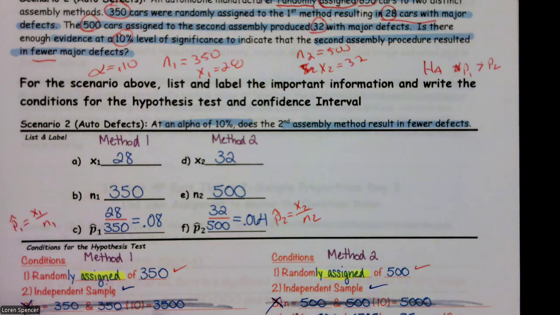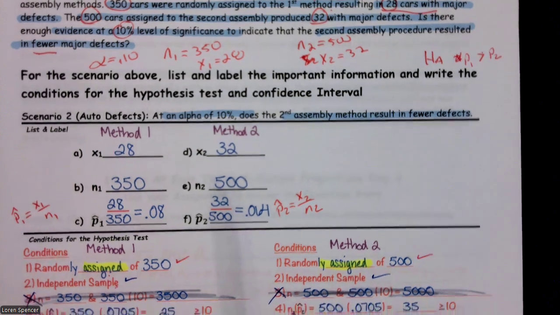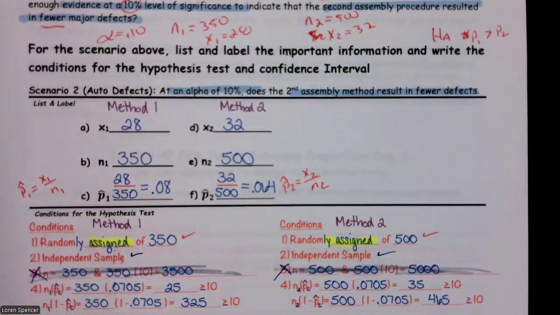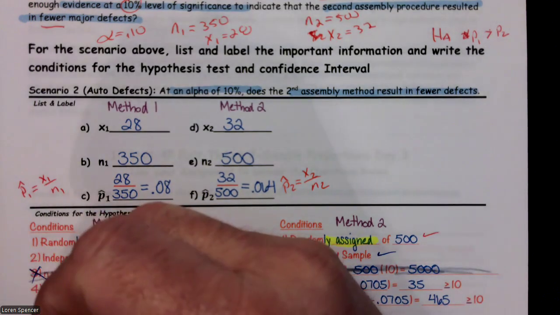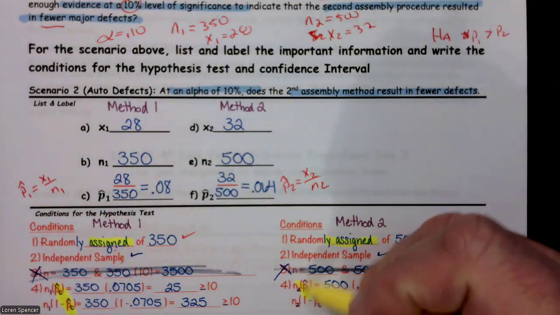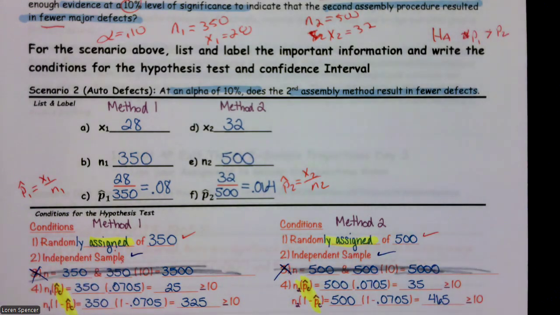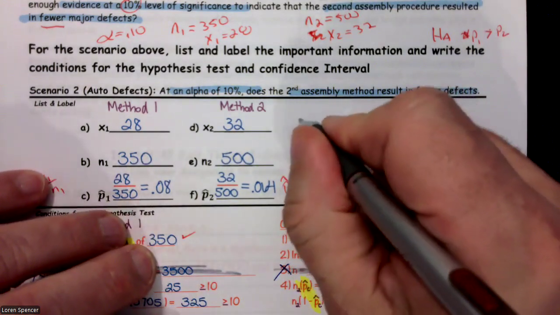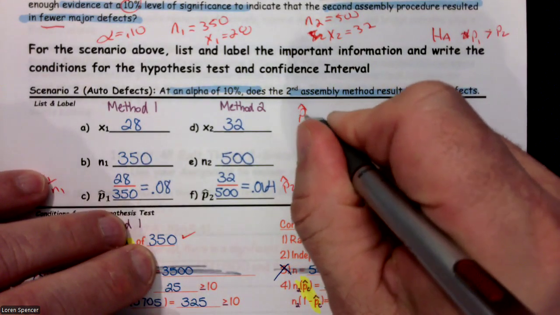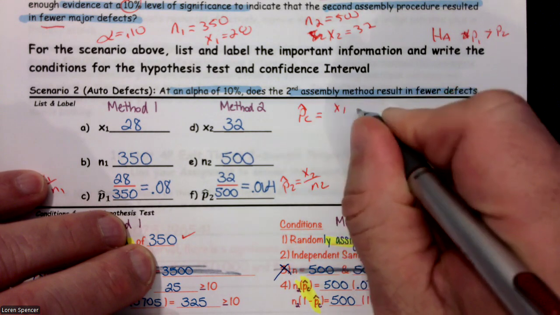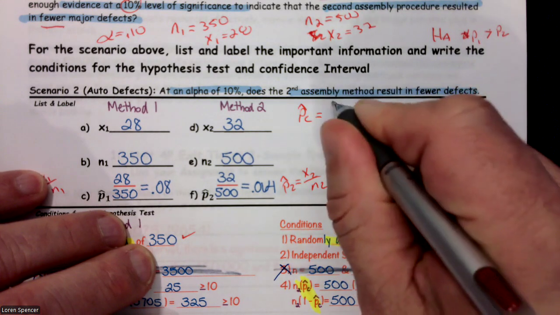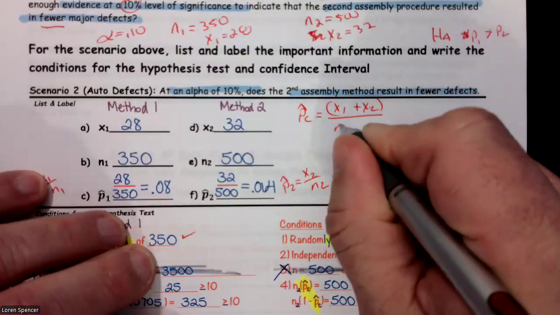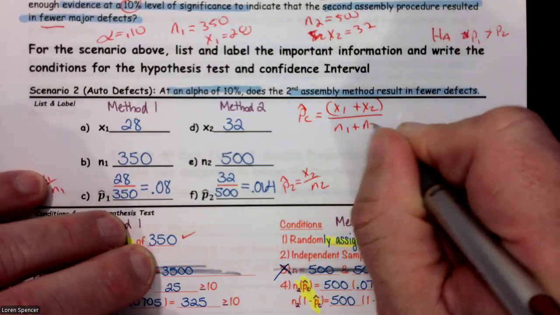The next thing we have to do is make sure that our sample is big enough. But to be big enough, we have to use p hat c. We don't have p hat c yet, so we need to calculate it. Our formula for p hat c equals x1 plus x2 in parentheses over n1 plus n2.